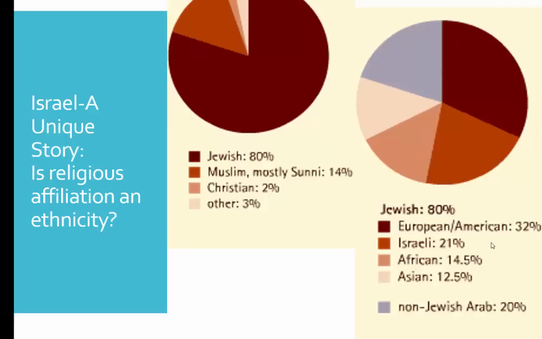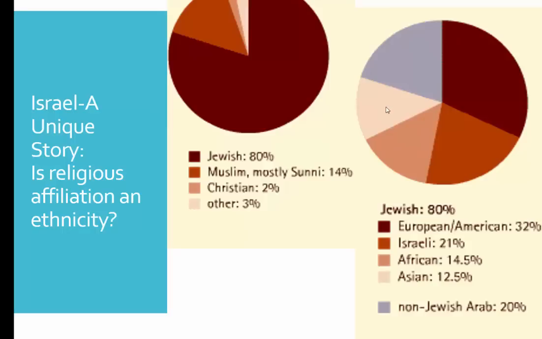So you have Jewish populations in the State of Israel within that 80% who are from European and American backgrounds, who are from Middle Eastern backgrounds, who are from African backgrounds, as well as Asian backgrounds. So it's a very interesting story and question how to define the Jews of Israel.